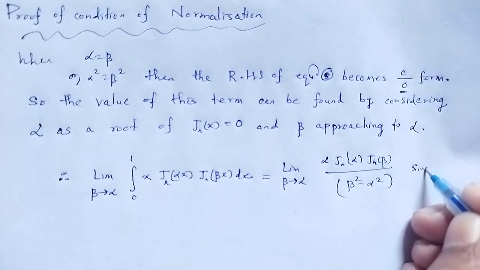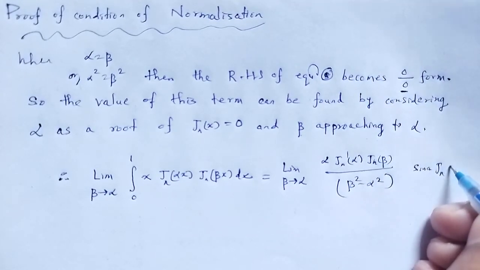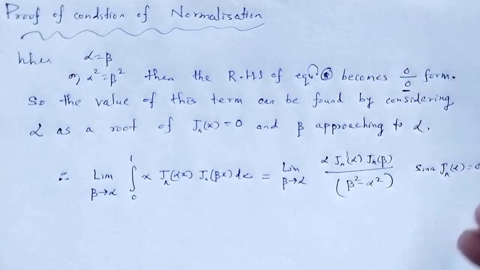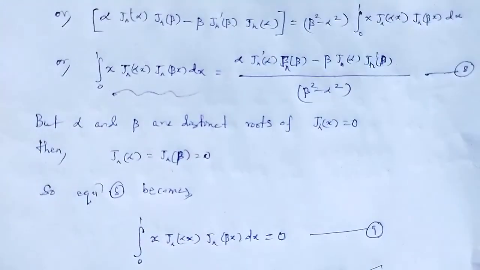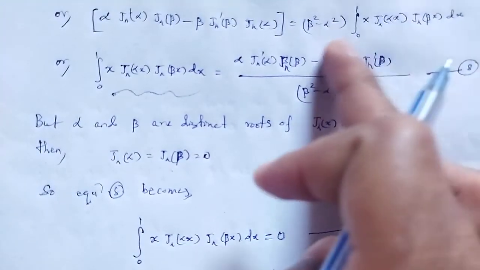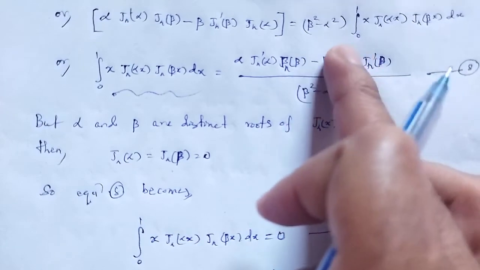Since Jn of alpha is equal to 0, the negative of that quantity in the equation, this portion will be 0, the second one is 0.